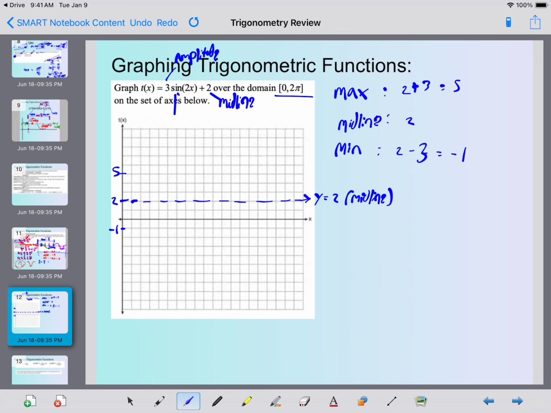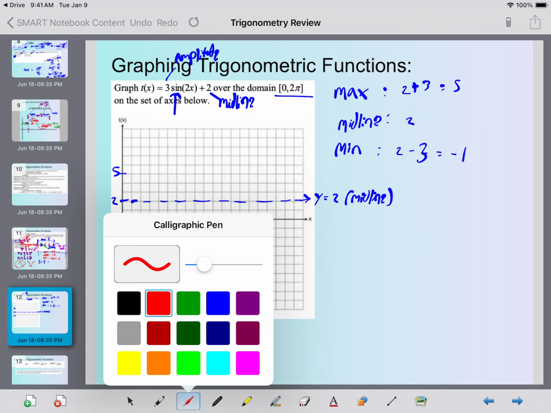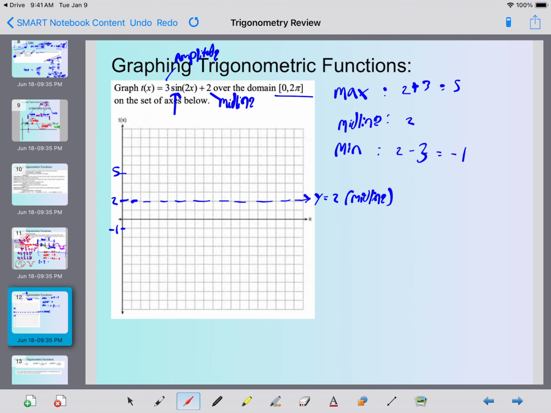This is a sine function, so we're going to start at 0. And we know the heights, right? But we don't know the x values. So we're going to have to actually solve for the period and then the sketch point. So, period, remember, equals 2 pi over b.